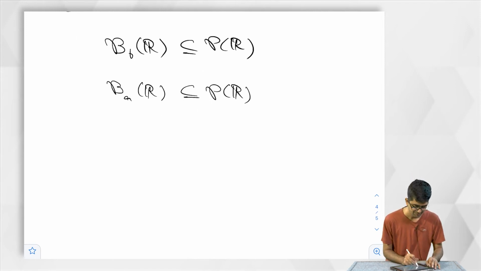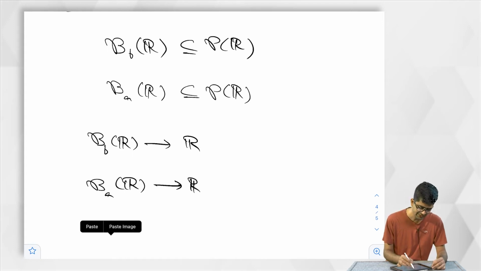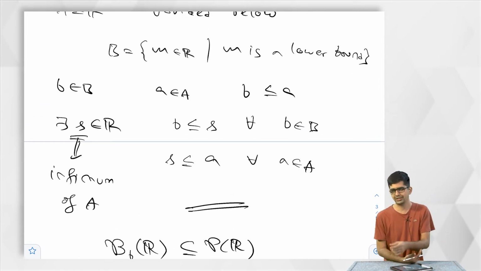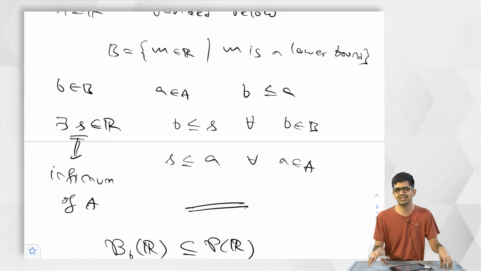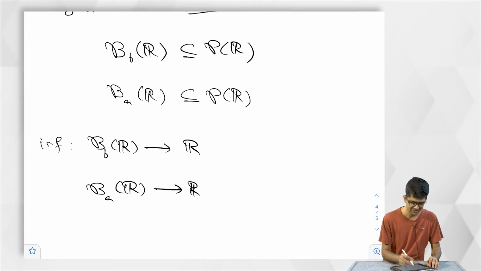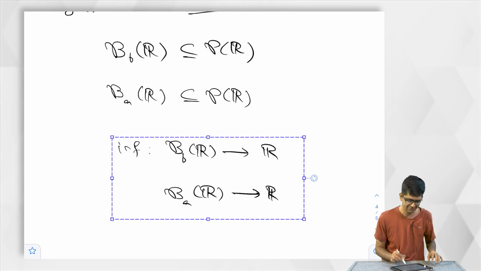We have a map from bounded below subsets to R, and bounded above subsets to R. For bounded below, if it is bounded below, there is a lower bound, then we are considering all lower bounds, then there is a maximum element. There is an element that is described by these two, the set of all lower bounds and the set A, that we are calling infimum. So this is the shorthand notation for infimum, inf. I should write the full thing, but I am simply writing inf.